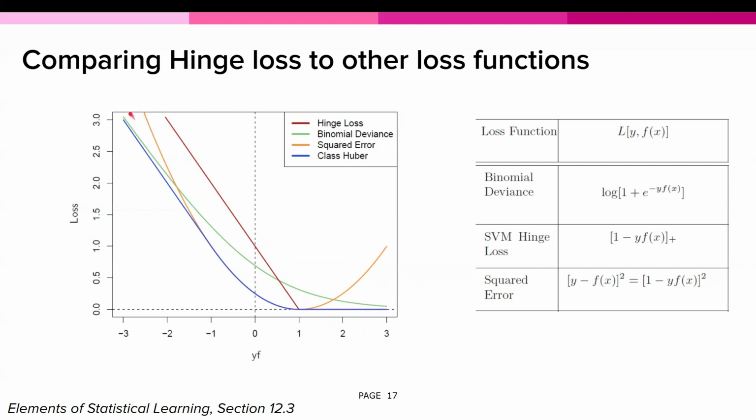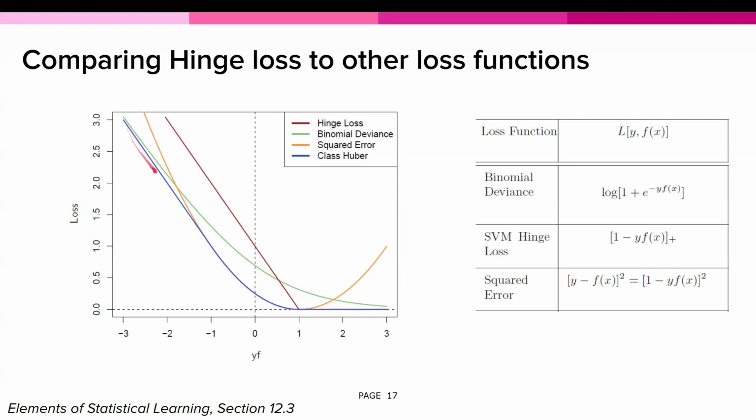Binomial deviance, which is shown in green, is what we've been calling the cross entropy loss. This is the negative log likelihood loss used in logistic regression. It behaves similarly to the hinge loss for points that are far from the margin and incorrectly classified, and also for points that are far from the margin and correctly classified. It gives a zero penalty for strongly classified points, and it approaches a linear penalty for points on the wrong side of the margin.